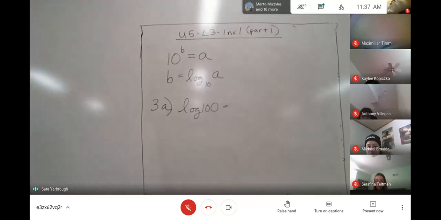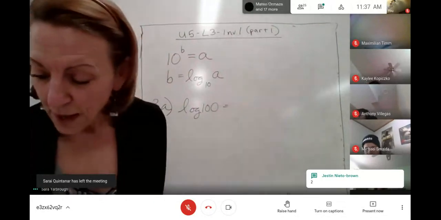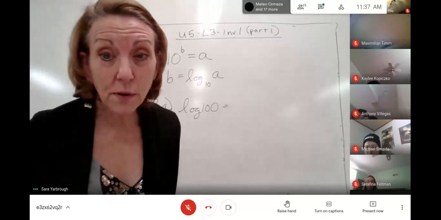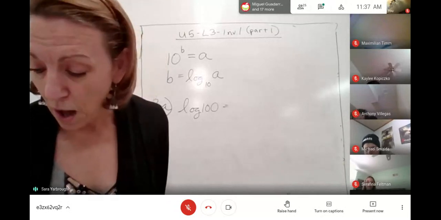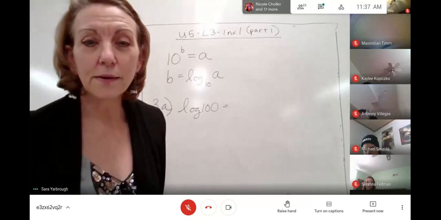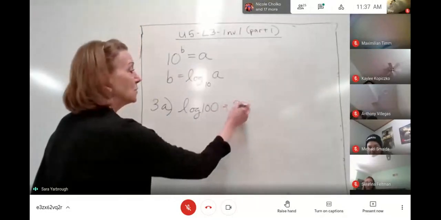Let me get my calculator out too. Do you all see the log button on the left? Just hit log 100, close your parentheses and hit enter. What do you get? 2. 2, exactly. This equals 2.